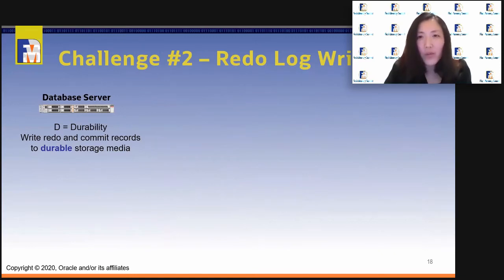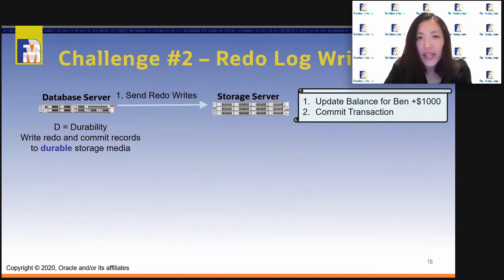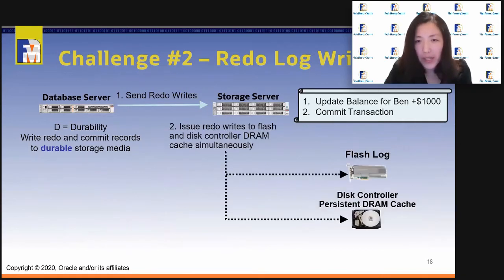What happens with a redo log is that the database has to send the redo log writes to the storage to be persisted. And in our case on Exadata, we send the redo log writes simultaneously to both the persistent DRAM cache in front of our hard disk controller, as well as our flash log. So what this means is that if either device is glitchy temporarily, it's okay.